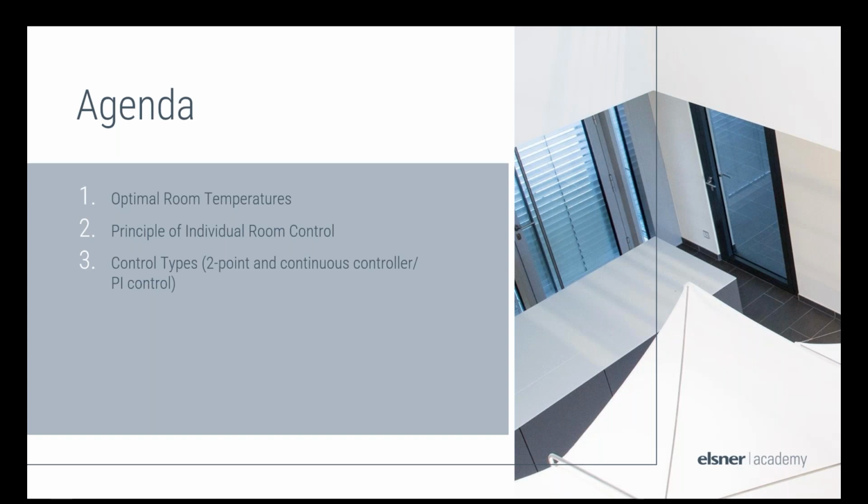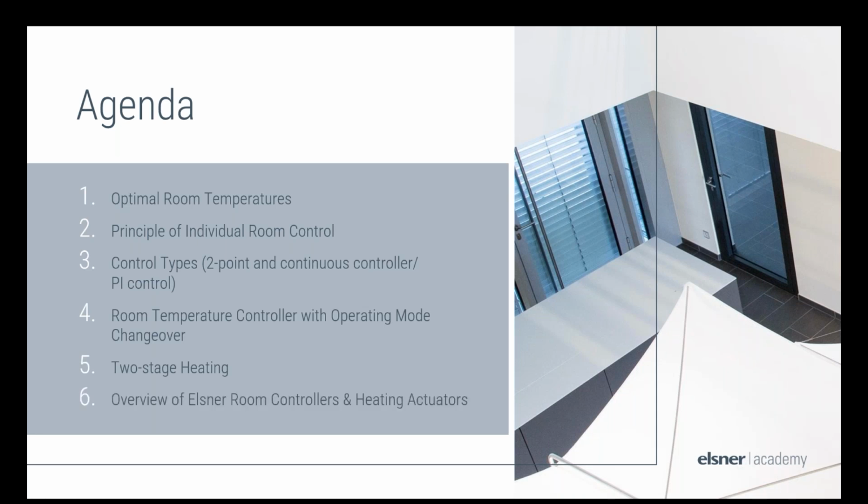Next, we will talk about the operating mode and switching in the temperature controller. Then we will discuss two-stage heating, and in the end, as already mentioned, the overview of the room controllers that Elsner is offering and also the actuators that we have in our portfolio.